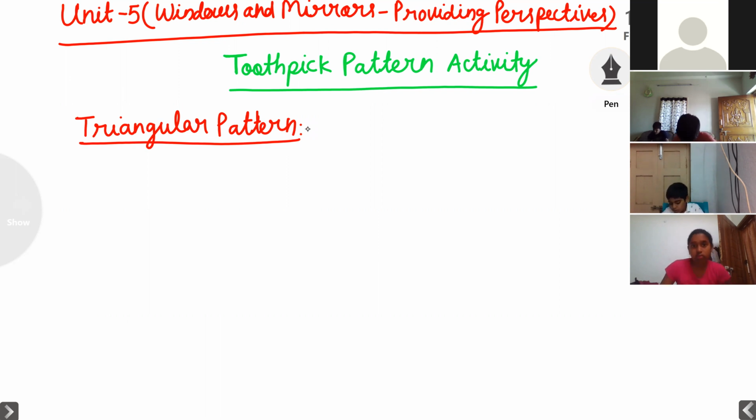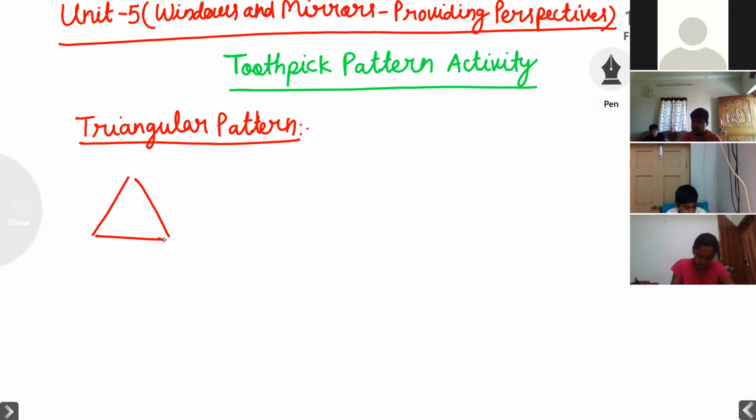Triangular pattern. Now everyone be ready with toothpicks. Draw one triangle with the help of toothpicks. First keep the heading, triangular pattern. Down, you can join 3 toothpicks.